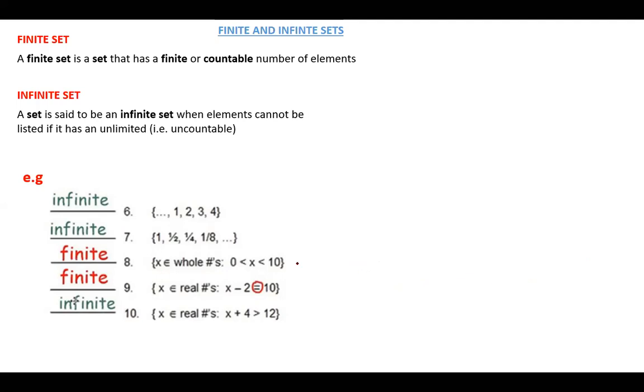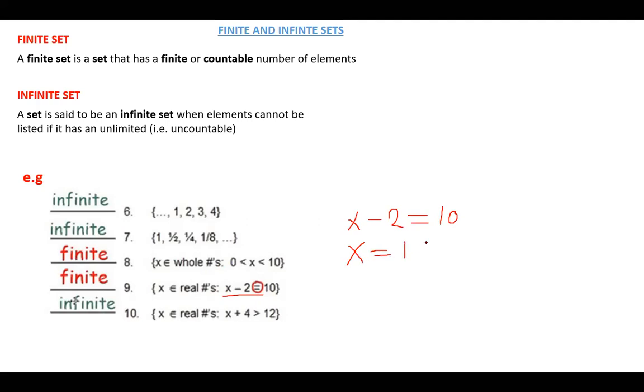Let us now look at this one here. This one is saying x is a real number, or x is a member of real numbers, and x minus 2 is equal to 10. So here we can find the value of x.